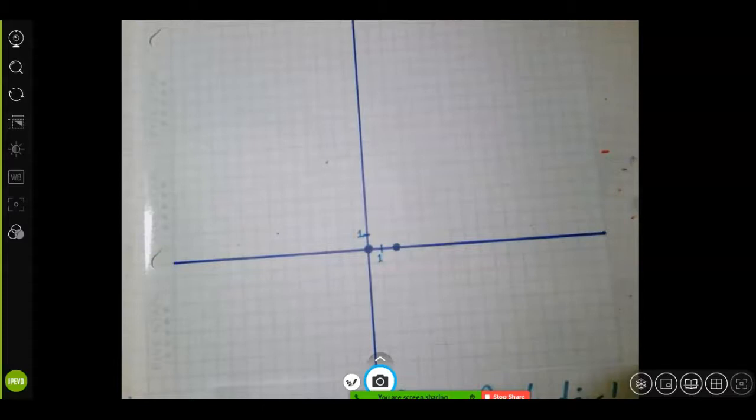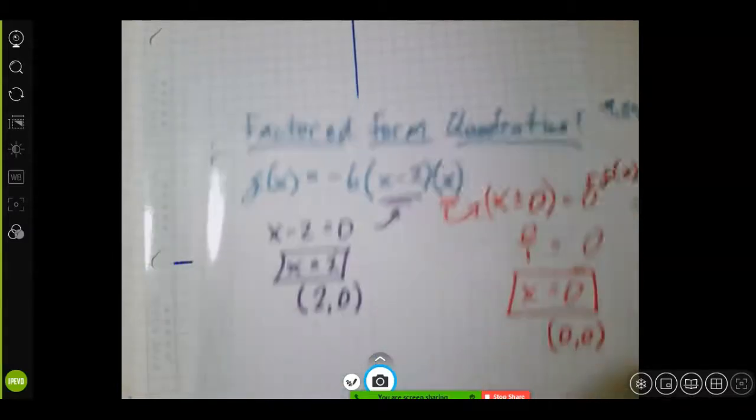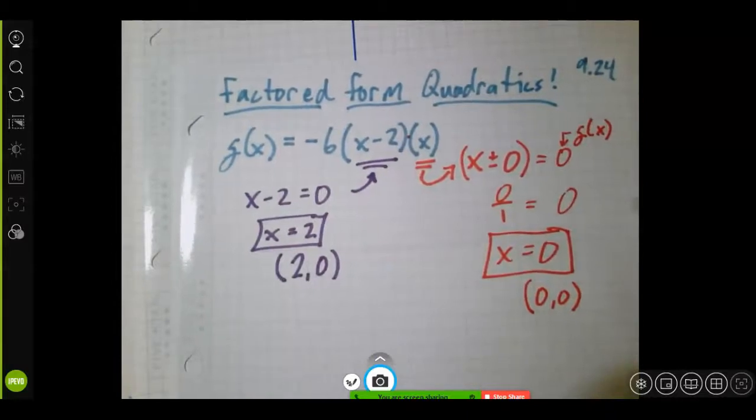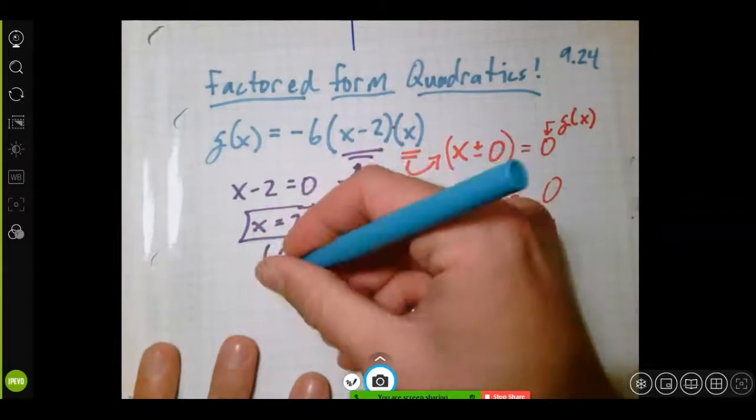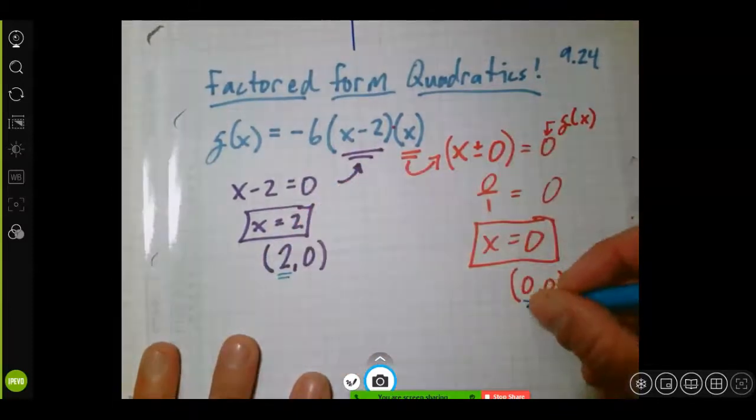Now, that helps me a little bit. I've got 2 points, but where do I go from here? Avi? Find the center. Yeah, find the center. Sorry, go ahead. I was just going to say find the center of the parabola.